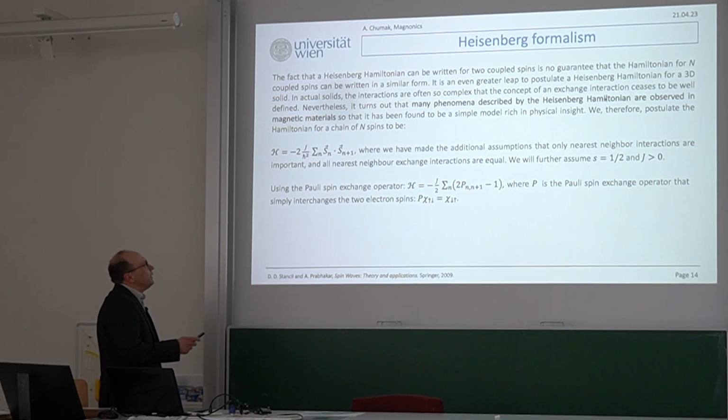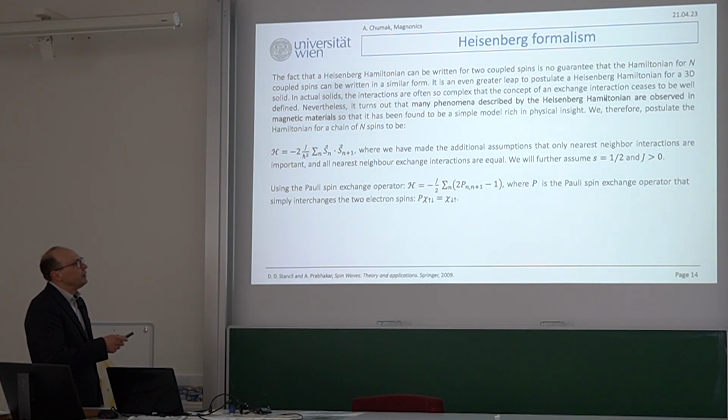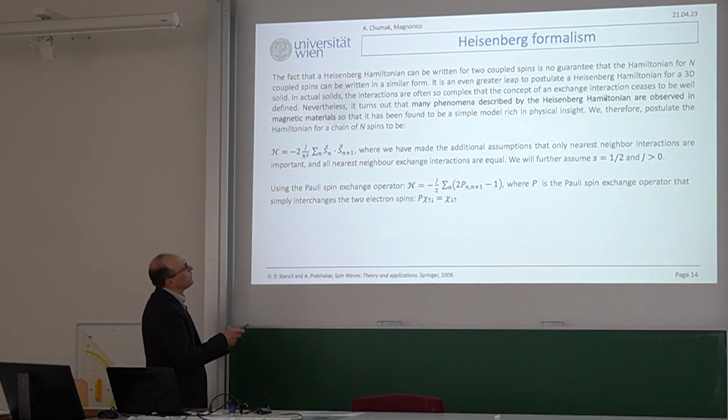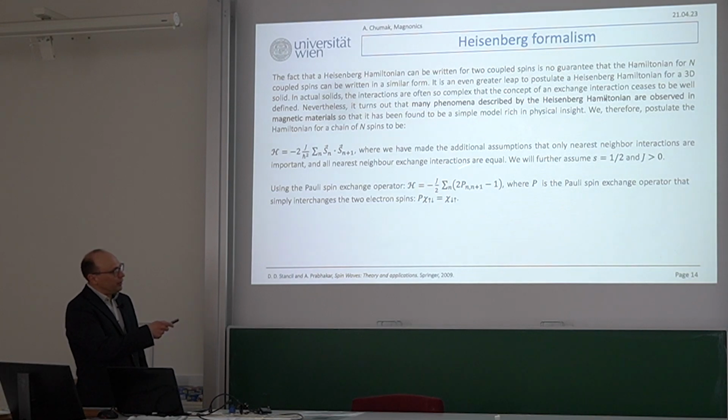What you can get in this case, in Stanzel you can see how they derive it, but I think for quantum physics it's something very well known, that this Hamiltonian can be rewritten using the Pauli spin exchange operator. This P, so you see it has another form, it's 2P of n and n plus 1 minus 1, so that's how our Hamiltonian looks.